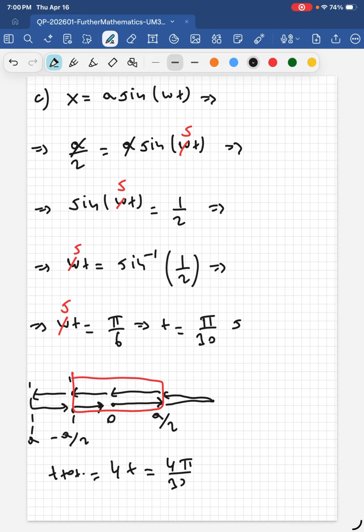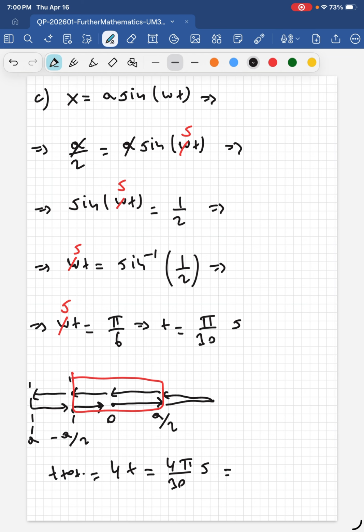And I have the mark scheme in front of me. Let me double check that I didn't mess something up before we move on. So this is question 3, right? So question 3, yeah, the answer is 2 pi over 15. I mean, if we simplify this, we get 2 pi over 15 seconds.